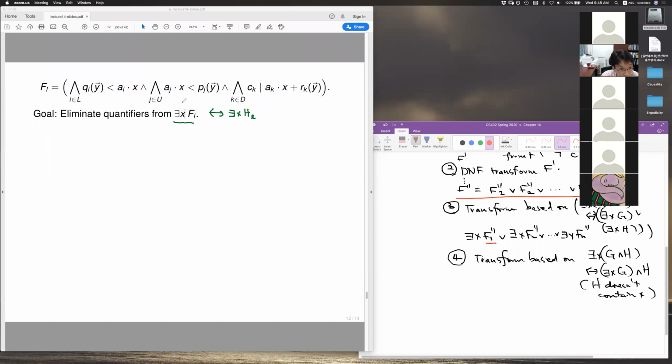Under the theory they say exactly the same thing, but this H is a bit simpler, in the sense that the coefficients in front of X are going to be 1.